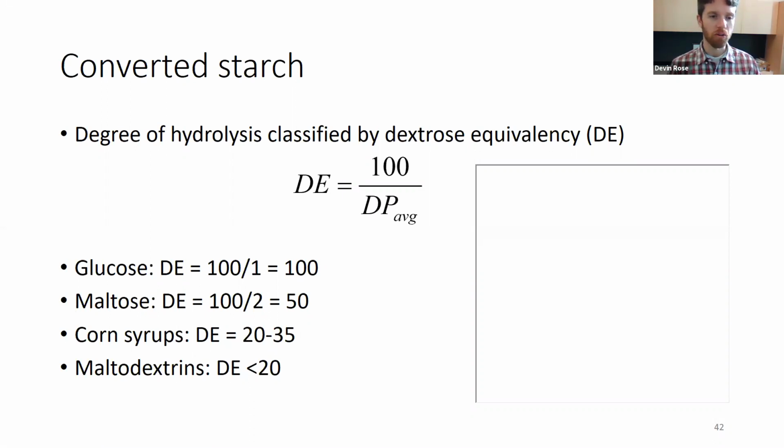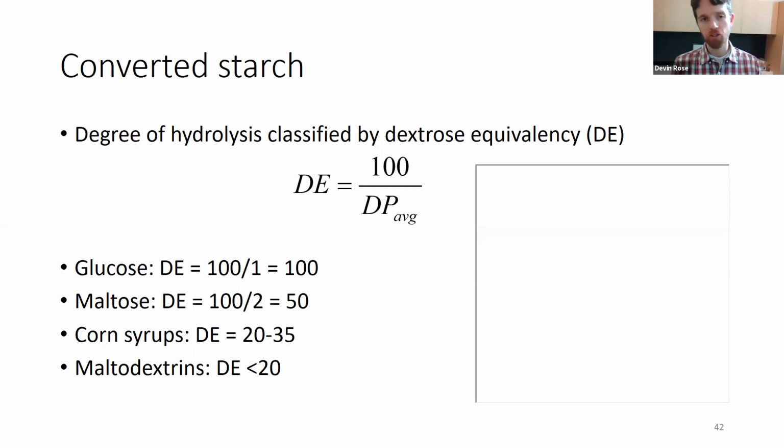And so their average degree of polymerization, this average here, would be something between 20 and 35. And then maltodextrins, those would be those short polymers of glucose.